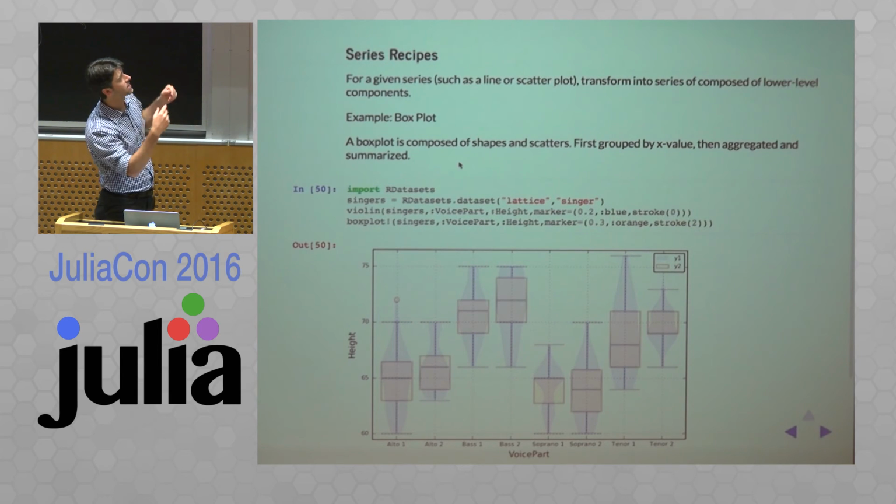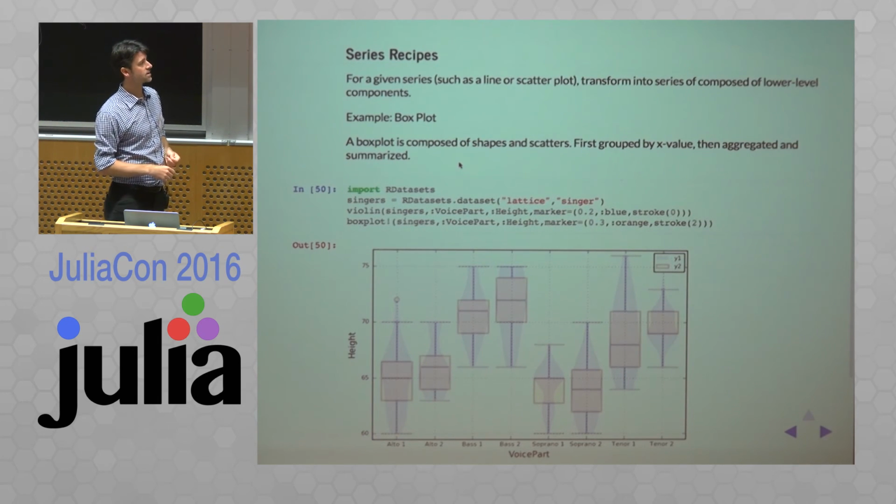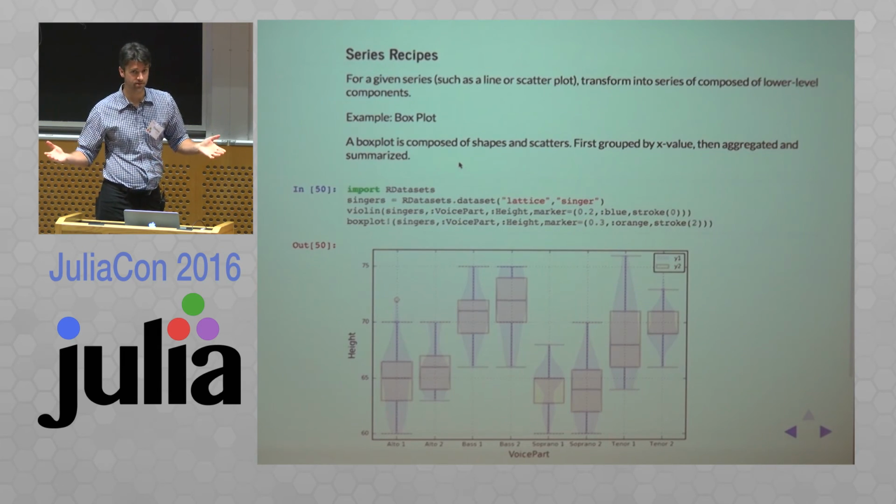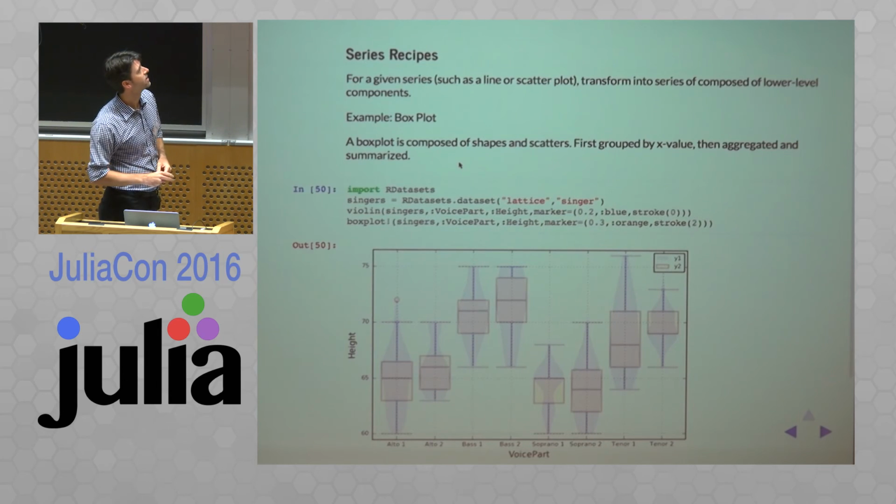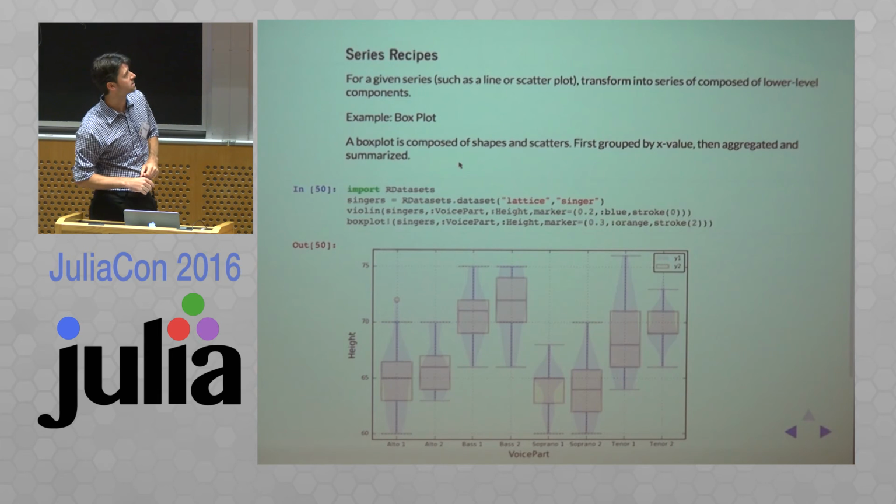In this case, I'm taking in a data frame and symbols representing the columns, and DataFrames support is done completely by recipes. In this case, data frames are processed as user recipes. That just gets mapped out to the respective data columns, and that gets turned into shapes and scatters, as you can see.